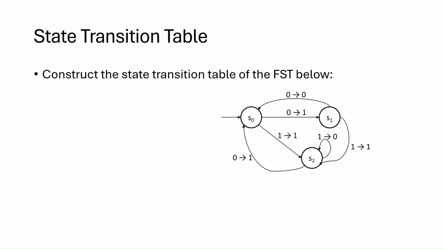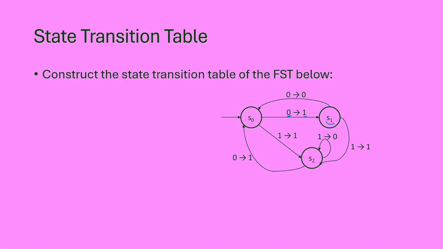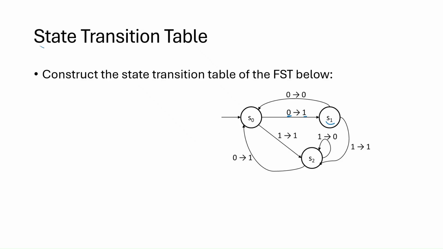For example, if we are at state S0 and our input symbol is a 0, the machine outputs a 1 and transitions to S1. The output doesn't matter in this case because we are interested in the state transition table only. So one more time, if we are at S0 and we read a 0, we move to S1. On the other hand, if we are at S0 and we read a 1, we transition to S2.